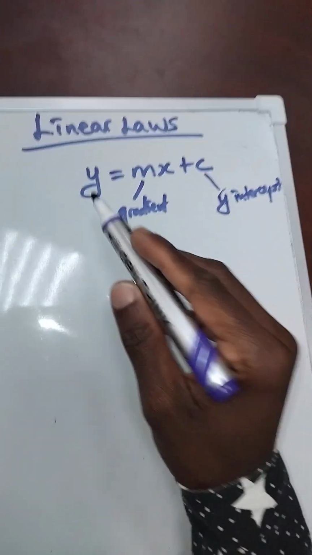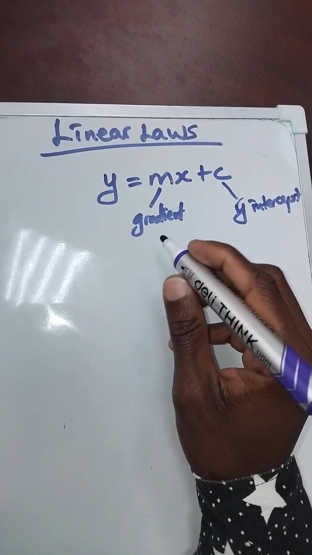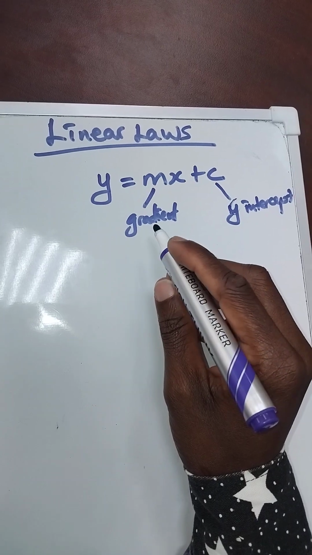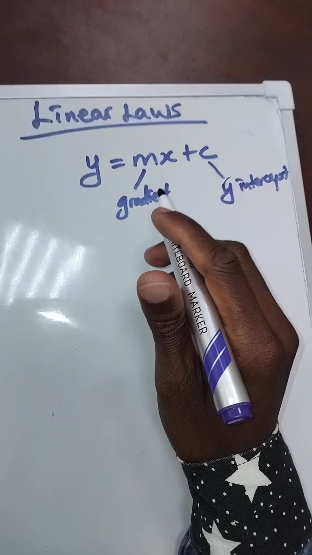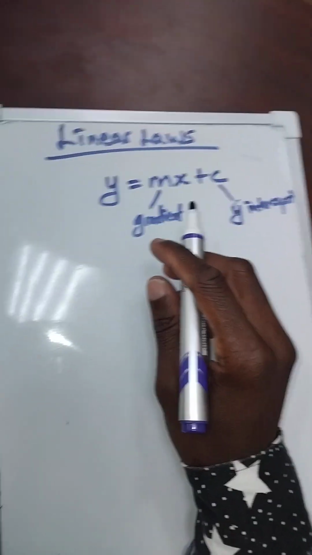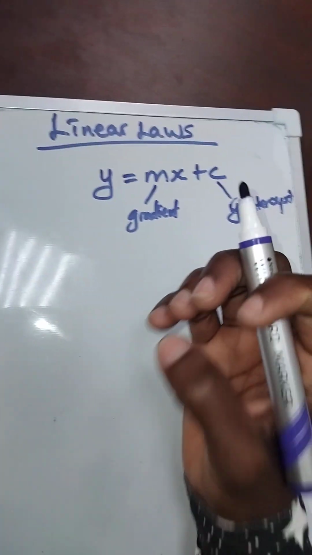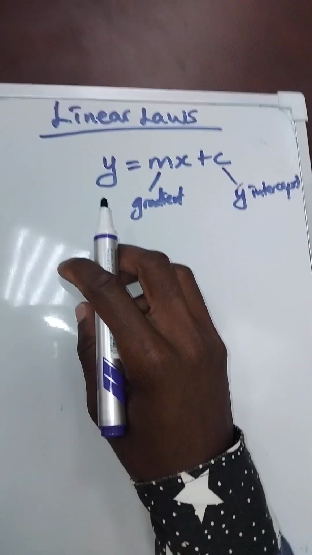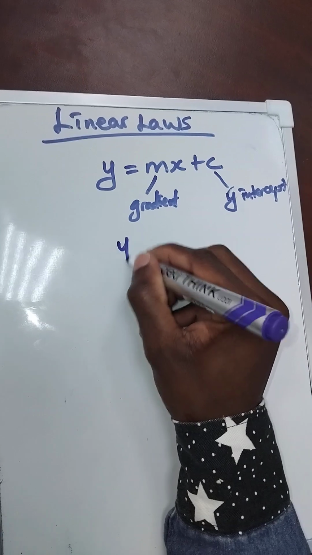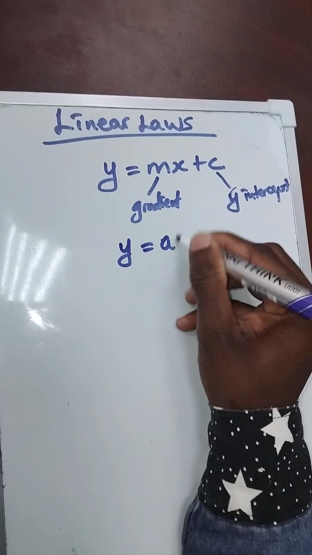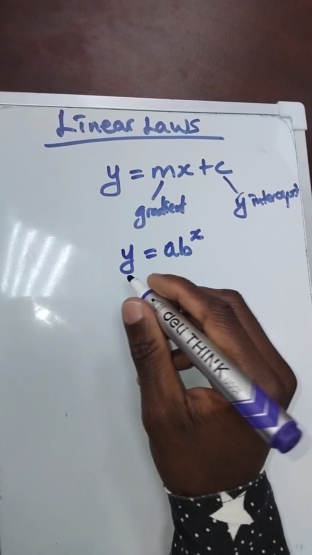So to reduce to linear laws, we apply logarithms or ln. For example, say we have y is equal to a b to the power x.